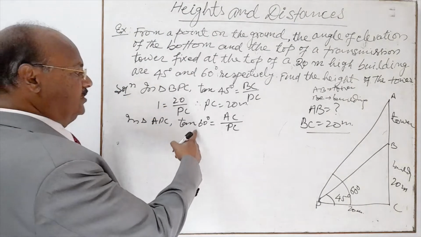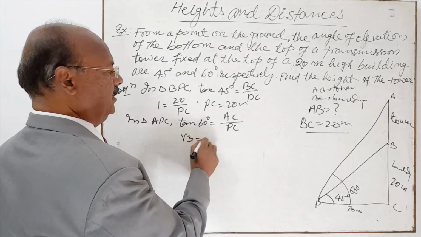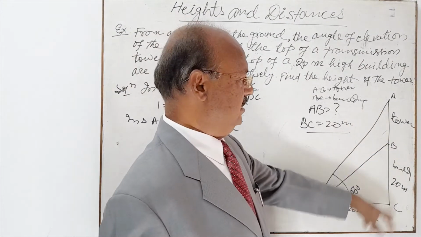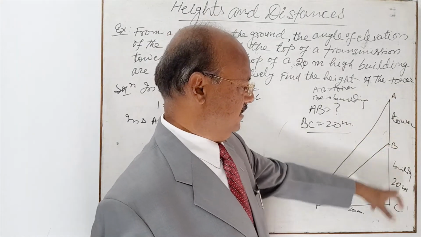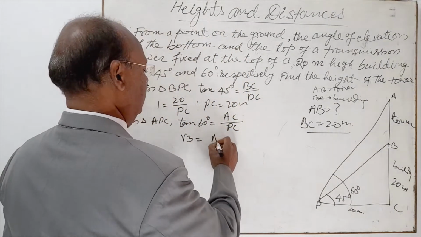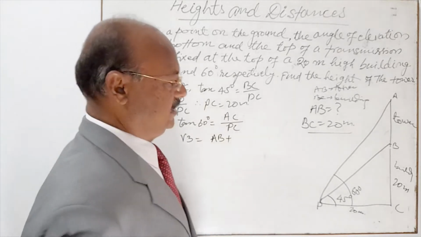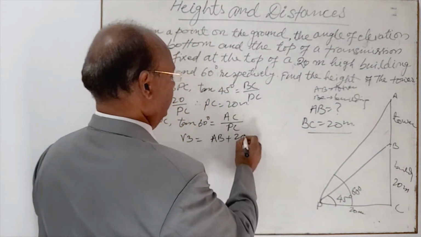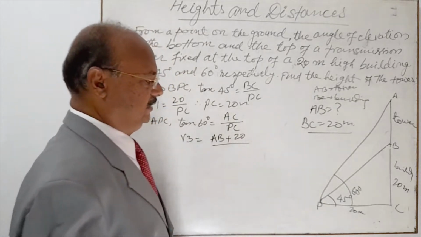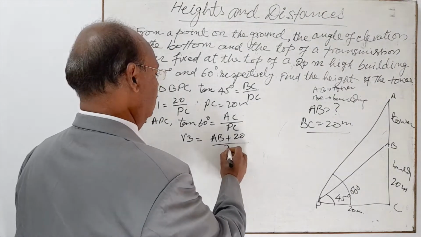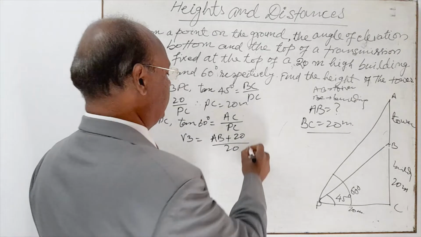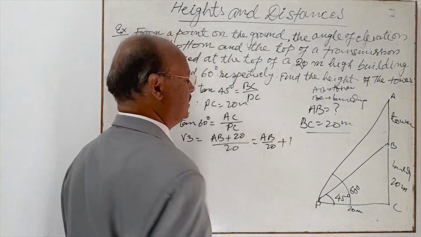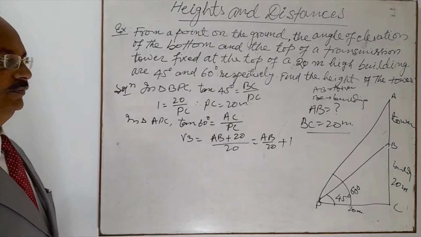And you know tan 60 is root 3. AC is AB plus BC, and in place of BC we can write 20, divided by PC which is also 20. So this can be written as AB upon 20 plus 1, correct?